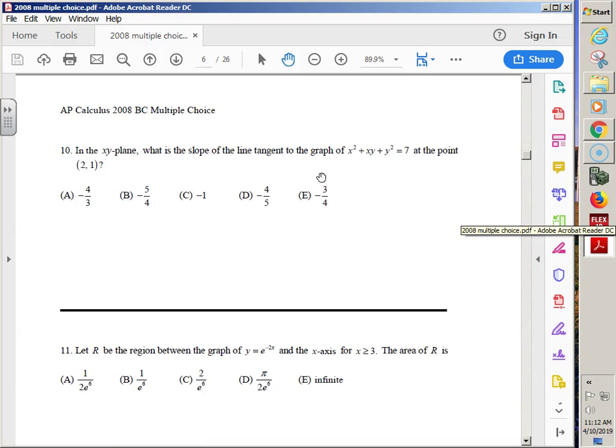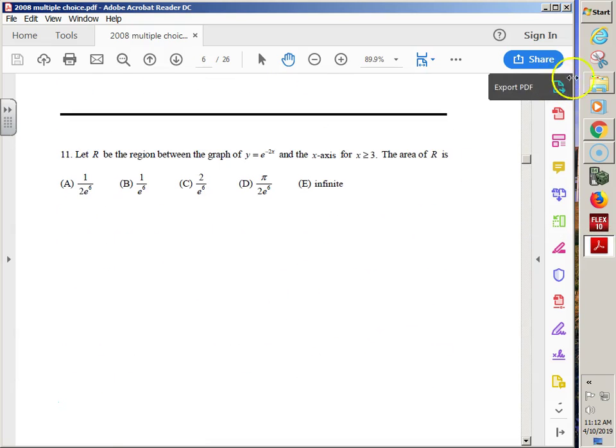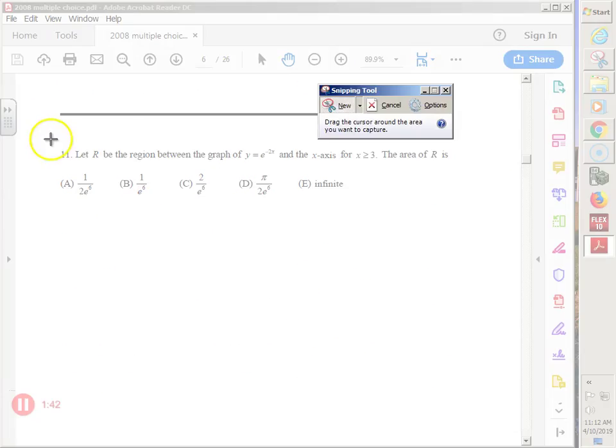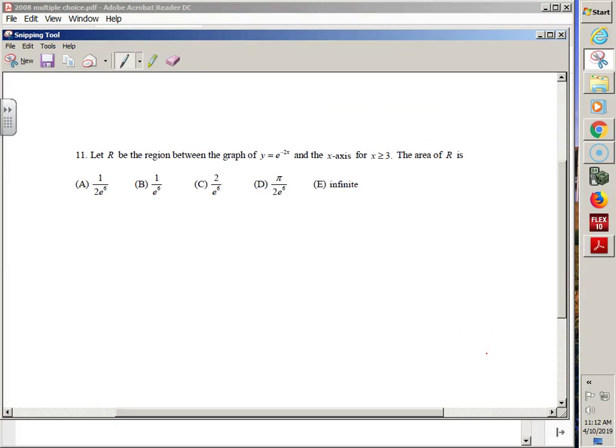Number 11. Let R be the region. Ooh, it's an area question without a calculator. Let R be the region between e to the negative 2x and the x-axis. Are we okay using our basic graphs, realizing there's a negative on the inside, that it would be some sort of horizontal flip?